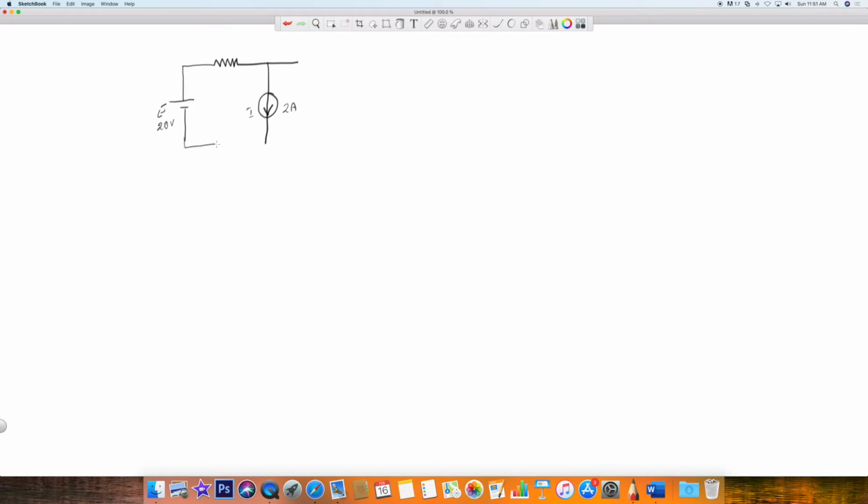So the circuit started out in this manner, where we have a combination of sources. We have a current source right here, and we have a voltage source right here. So this was a 20 volt, and this was a 2 amp I. And let's complete the circuit towards some sort of a load right here.